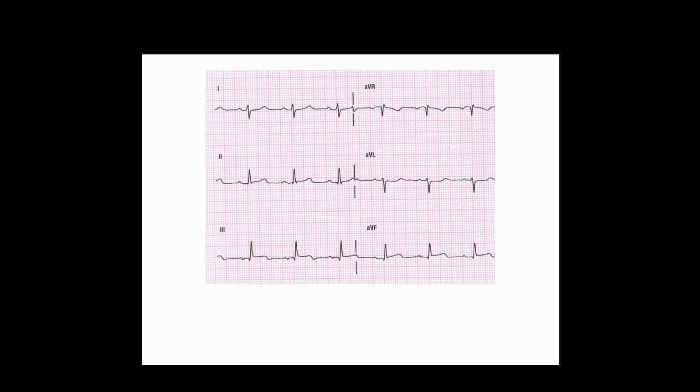Uh-huh, it really looks like it. Remember that we only need one lead of reciprocal changes for it to count. By the way, I think we could argue there's a tiny bit in the J point, it's probably up a little bit, but that's a moot point, so we can definitely see it in 1 and AVL.